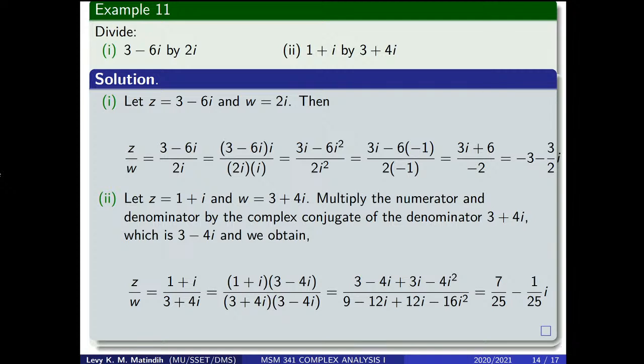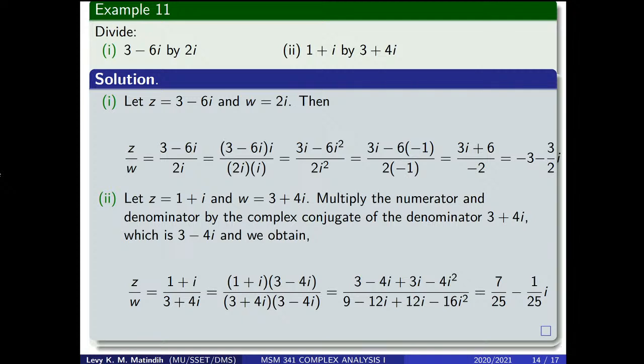For the next one, in part 2, we are going to let z be equal to 1 plus i and w be equal to 3 plus 4i. When we divide these two, z divided by w gives us 1 plus i divided by 3 plus 4i.